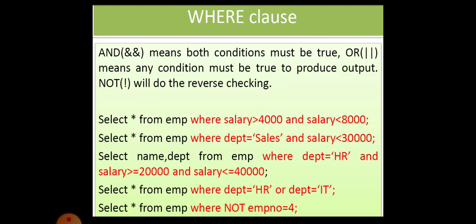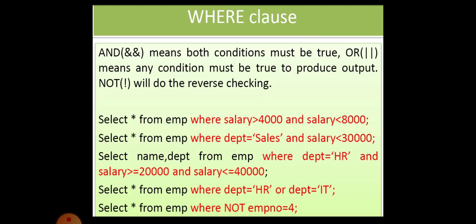Here we are going to discuss the where clause with the logical operators. The and means both the conditions must be true. Or means any condition must be true to produce the output. Not will do the reverse checking. That is, not is always known as complementary or toggling.